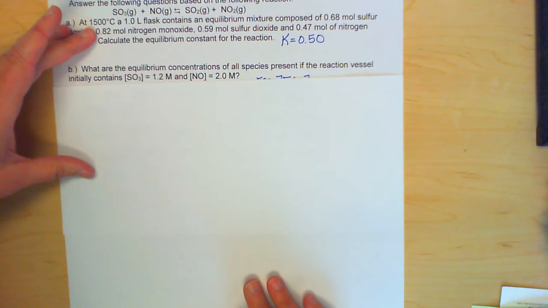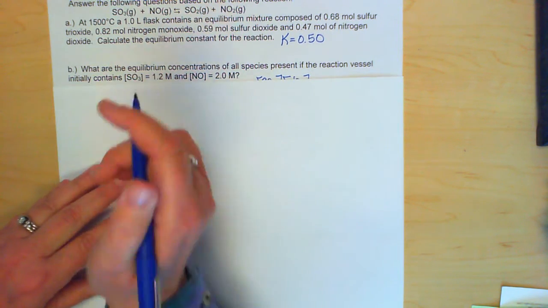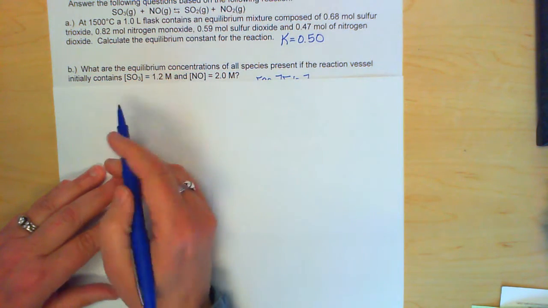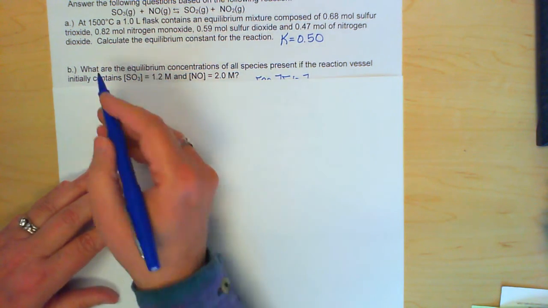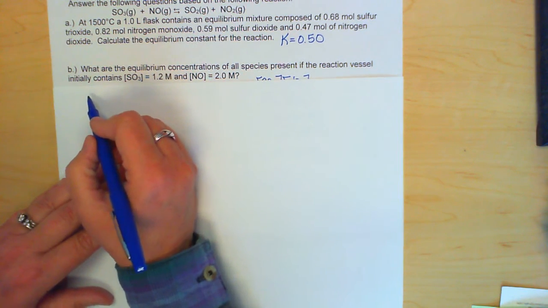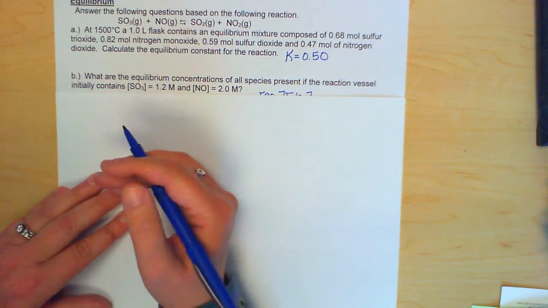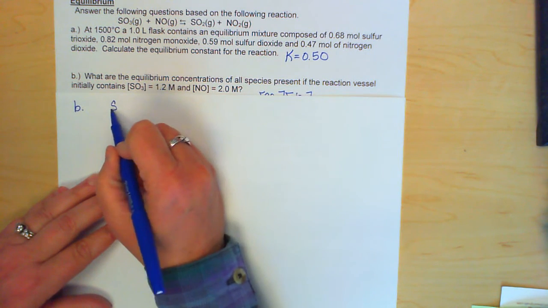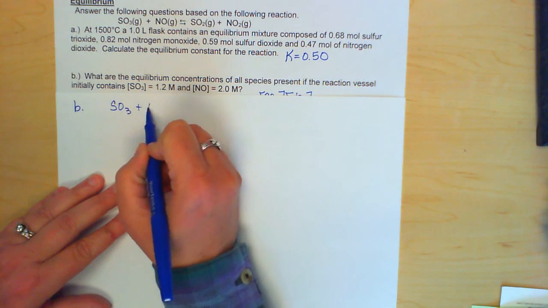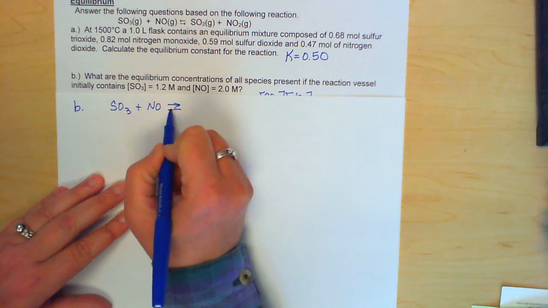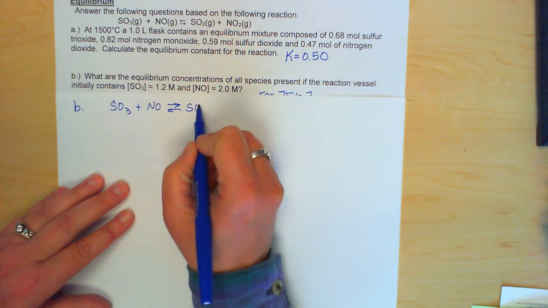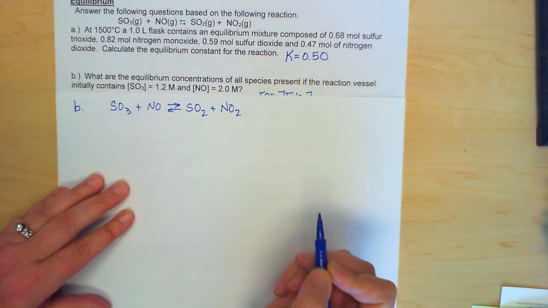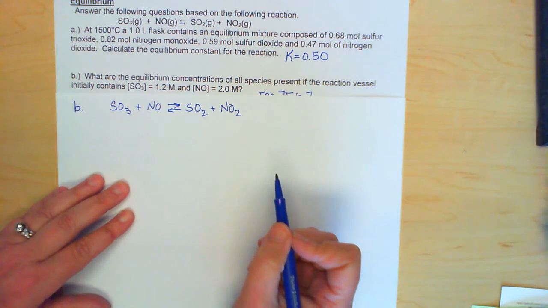In part B, we are told that we're restarting the reaction vessel with initial amounts, and we want to know the concentration of all the species present. Well, if we know we're shifting it, then basically we need an ICE table. In order to use an ICE table, I need an equation, so I'm going to quickly rewrite my equation here. And I know that my K is given. I'm going to leave that right there.